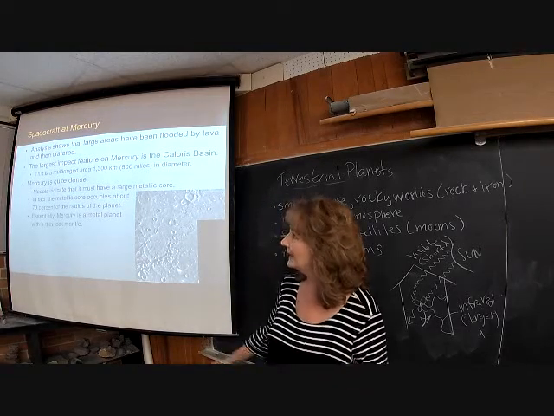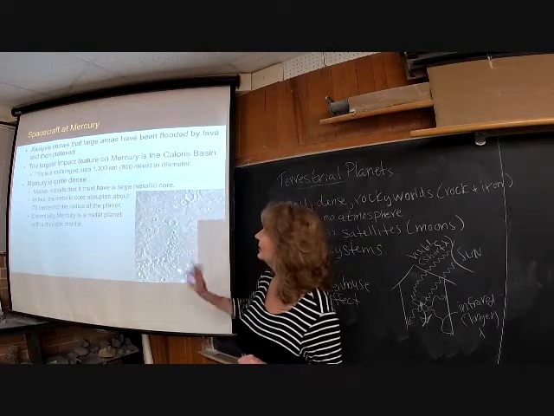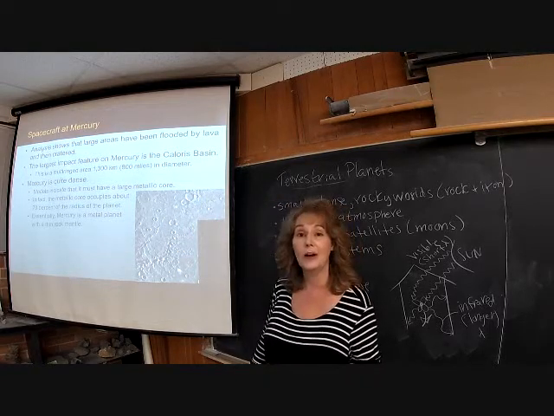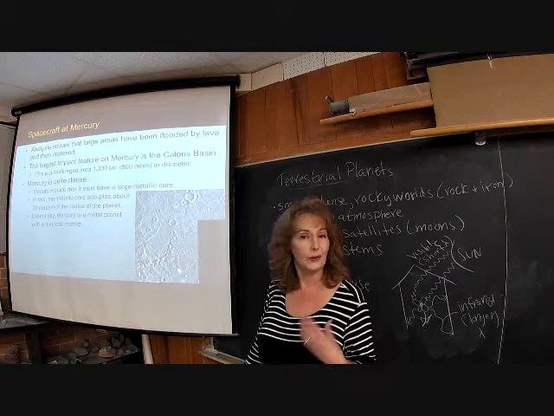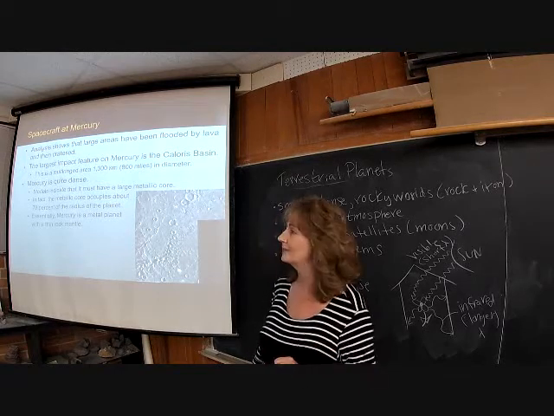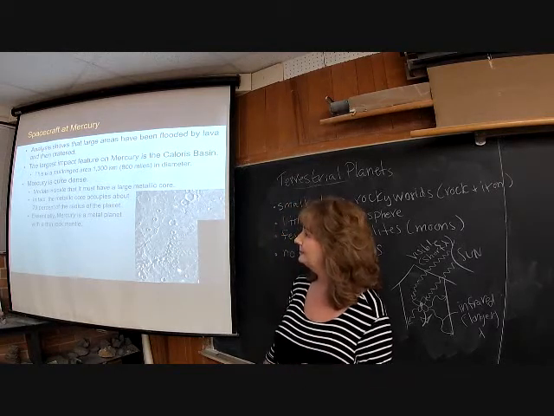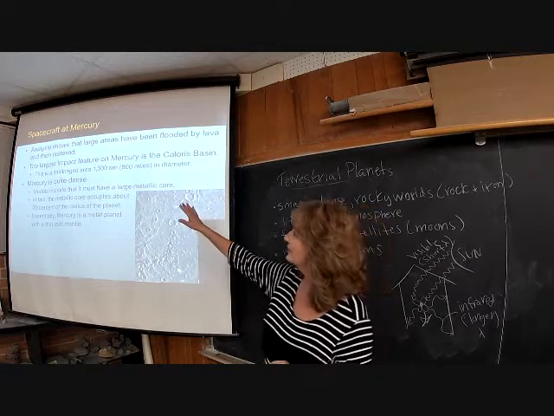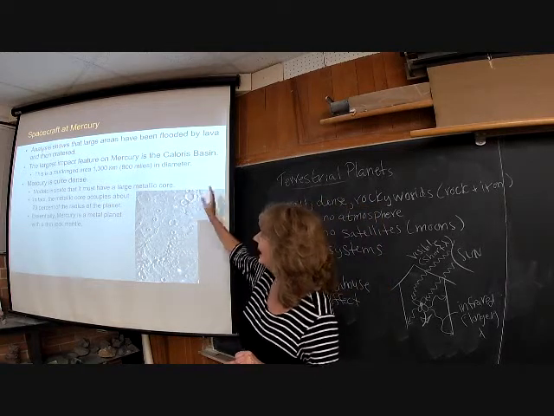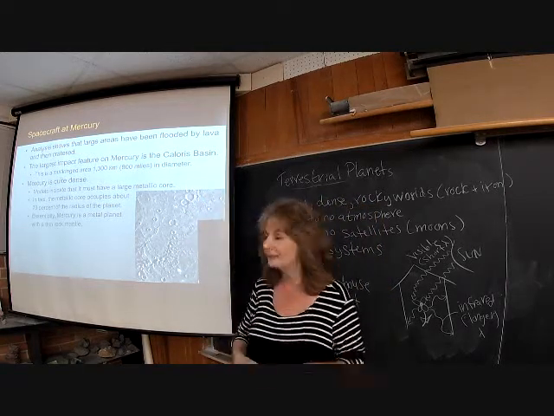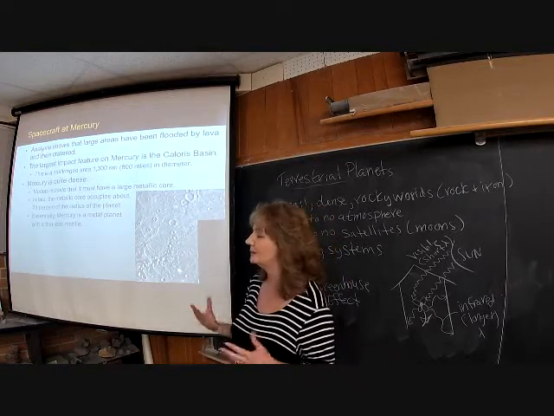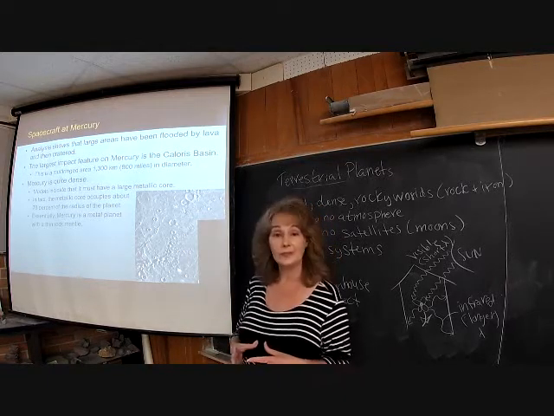So analysis showed that there were large areas that had been flooded by lava, but then got cratered. So it was molten kind of to begin with. The largest impact feature is the Caloris Basin, a multi-ringed kind of fractured basin, 800 miles in diameter. Mercury's very dense.